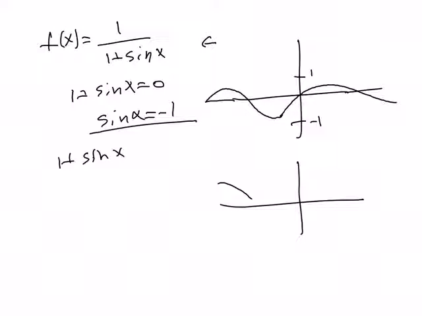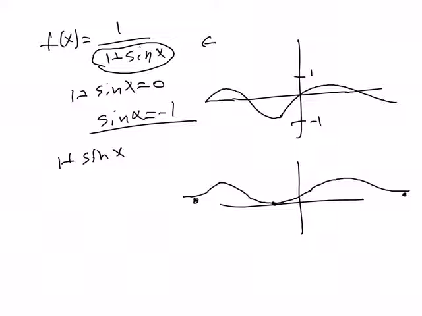So it's going to do something like this. So it's always positive, and then it hits 0 every once in a while. And every time it hits 0, you're dividing pretty much by a 0.